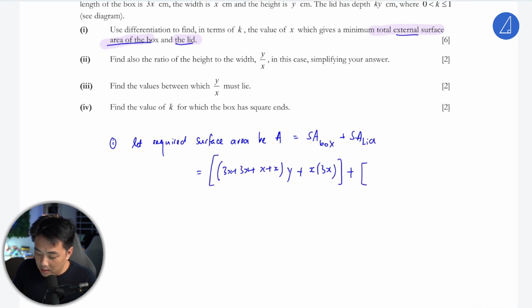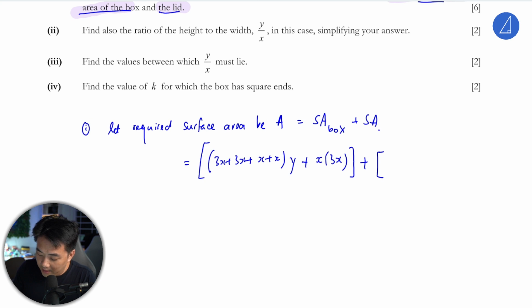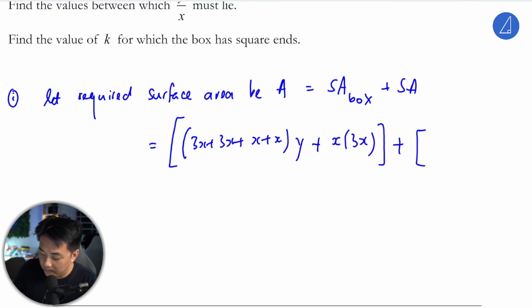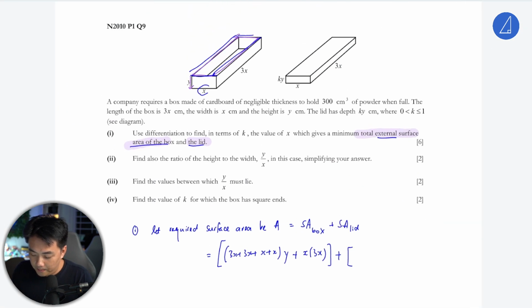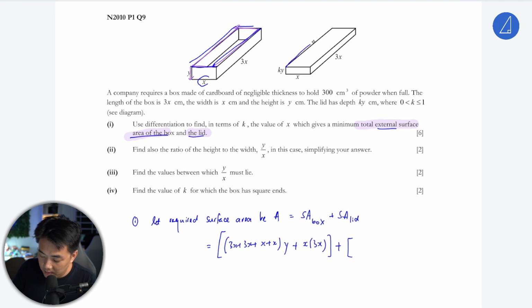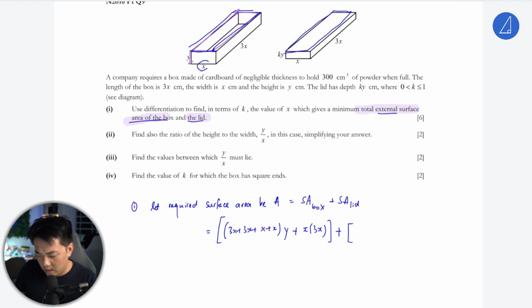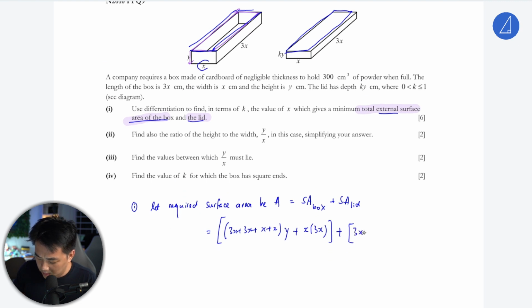Then the external surface area for the lid would then be, similarly, I'm going to find this perimeter here, which is 3x plus 3x plus x plus x, multiplied by ky.